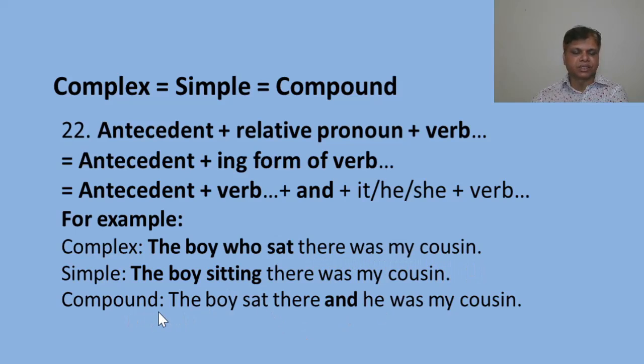If you want to make it a compound sentence, look at the structure. First, we have to omit the relative pronoun who. Then we have to use the antecedent, the boy. Then we have to use the verb and portion of the sentence.